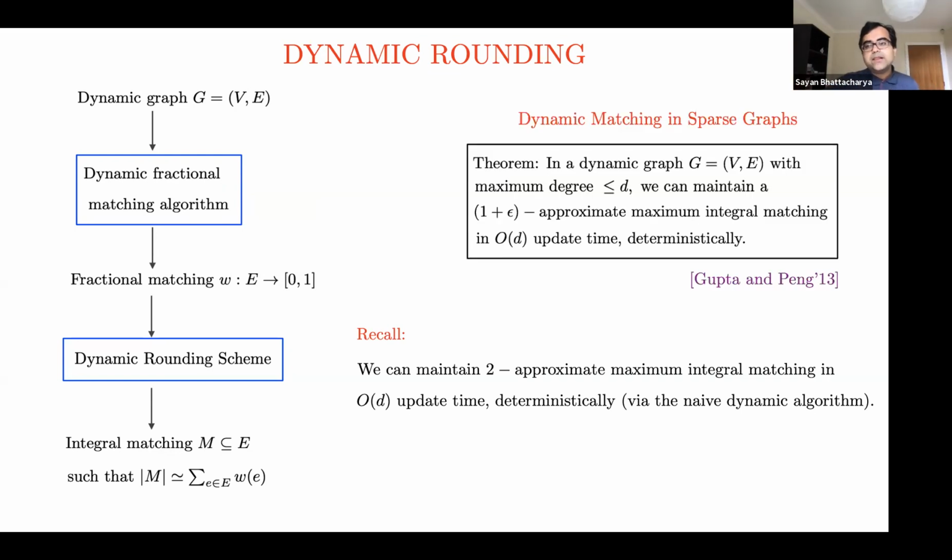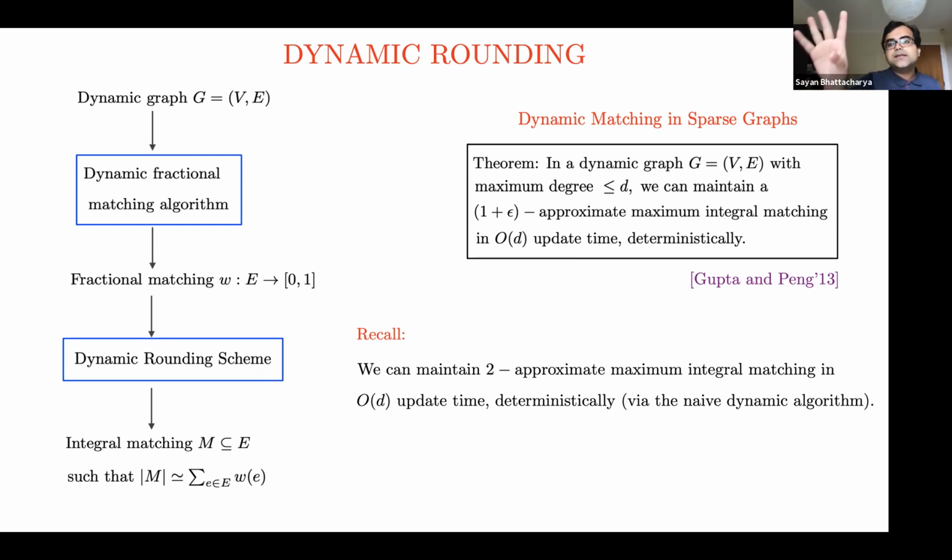Now, there is a very well-known result in this area by Gupta and Peng from 2013, which says that if the graph has bounded degree, if the graph is sparse, then we can maintain a 1 plus epsilon approximate maximum integral matching in order d update time. So it takes a leap from this naive dynamic algorithm and improves the approximation ratio to 1 plus epsilon, and the update time remains order d, where d is the maximum degree.